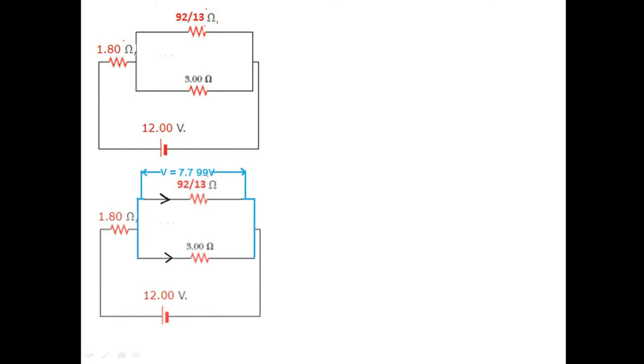As the voltage is constant across a parallel connection, the same voltage will apply on both of them, which I have indicated with a blue line. So now we have to find the current through each of them. We know that V equals IR by Ohm's law.